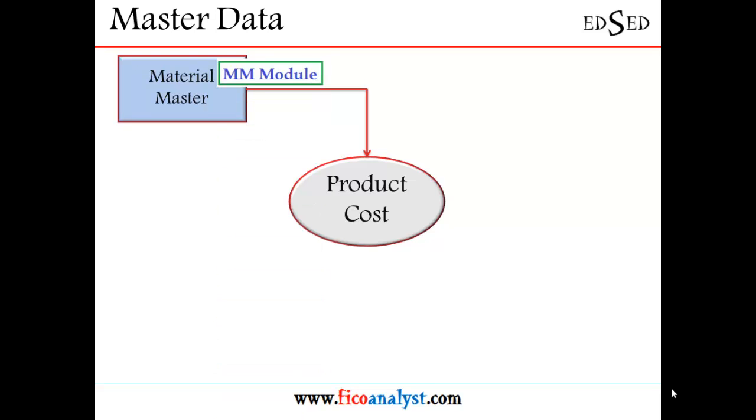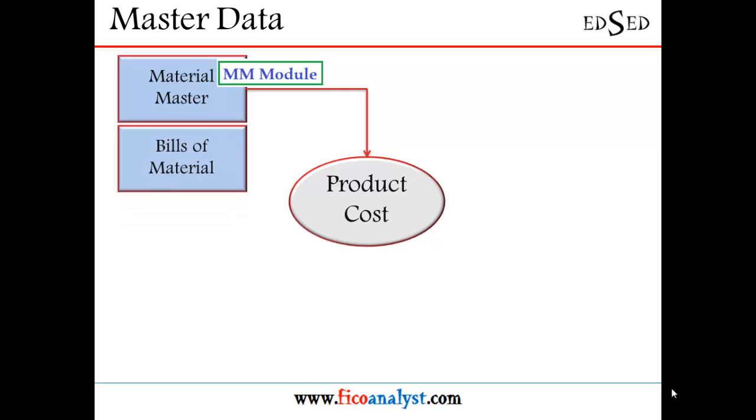The MM module is solely responsible for this, and material master has many views. For example, the accounting views and the production planning views like MRP view 1, 2, 3, 4. All these views will play a role in product cost estimation.